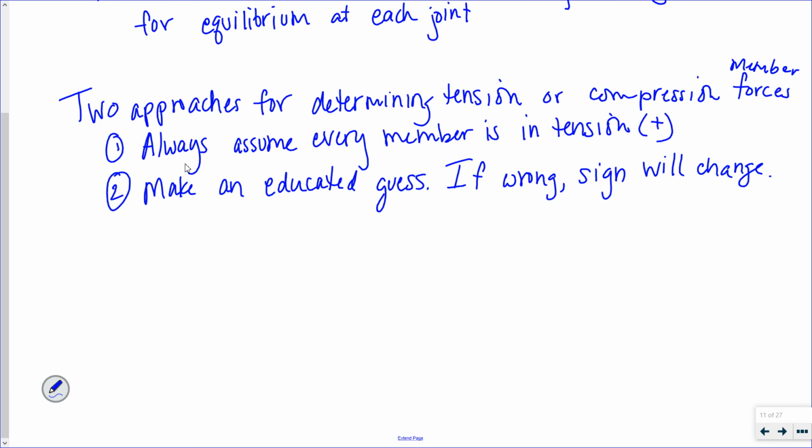So either assume everything is in tension or just guess, and if you're wrong, either way, you'll figure it out because your sign will change.